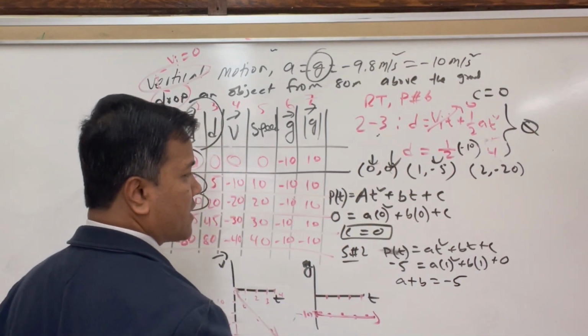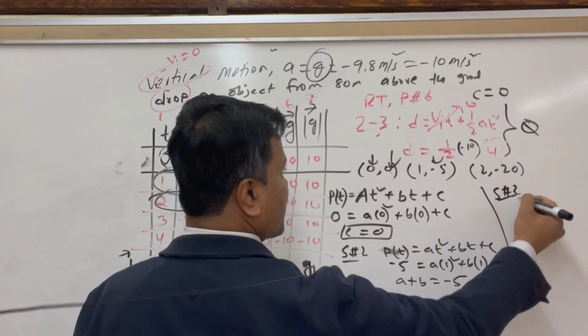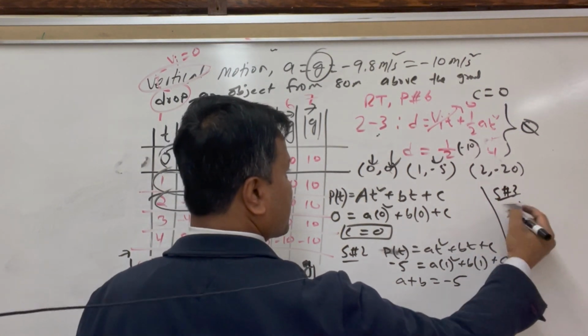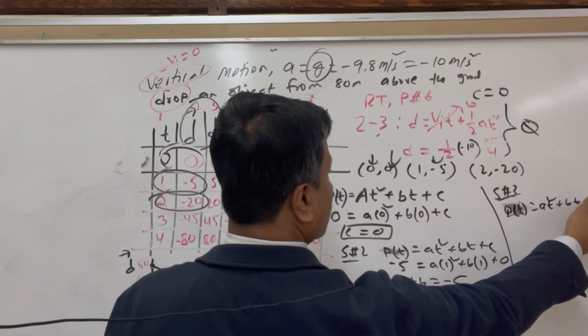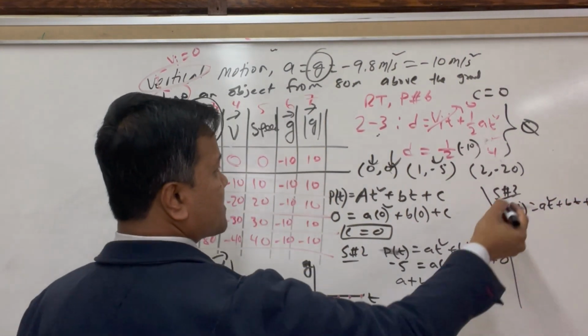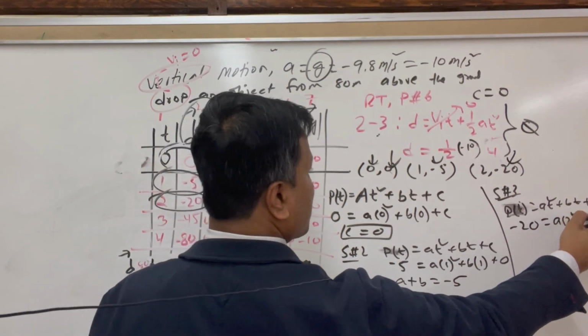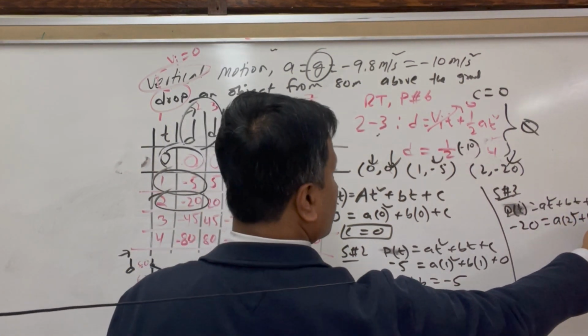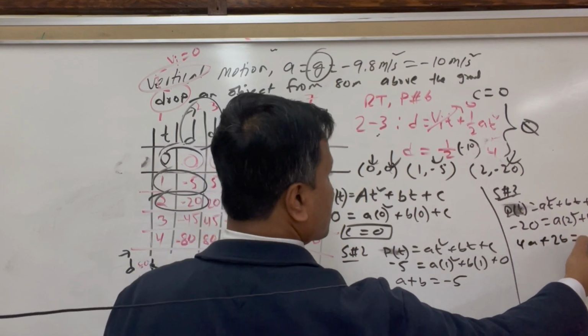Now step number 3. p of t is -20, equal to a times 2 squared plus b times 2 plus c, and c is 0. So 4a plus 2b is equal to -20.